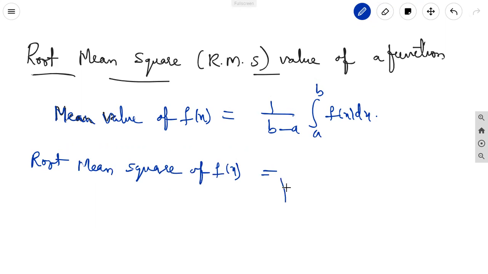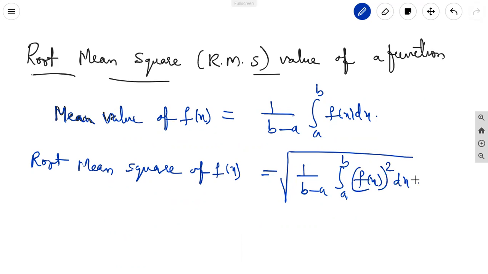Root mean square means it is the root of the mean: 1 by b minus a integral a to b of the square of f of x, f of x whole square into dx. That is the root mean square of f of x. The formula is under root of 1 by b minus a integral a to b f of x whole square dx. By using that formula, we can find out the root mean square value.